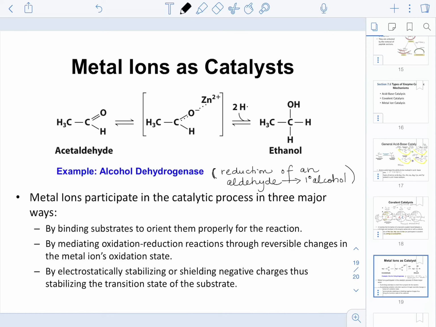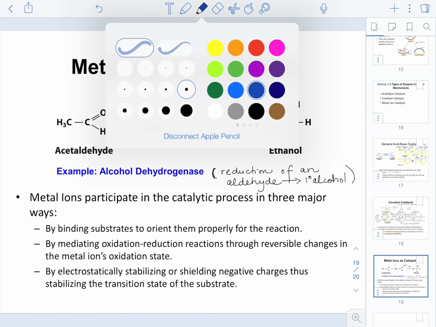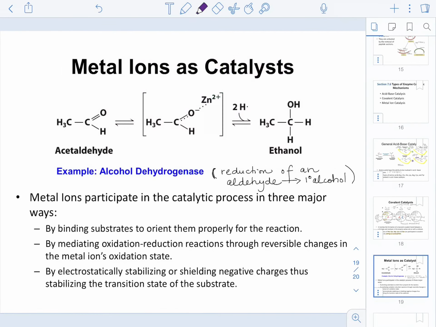As you can see, the metal ion catalyst in this case is zinc.